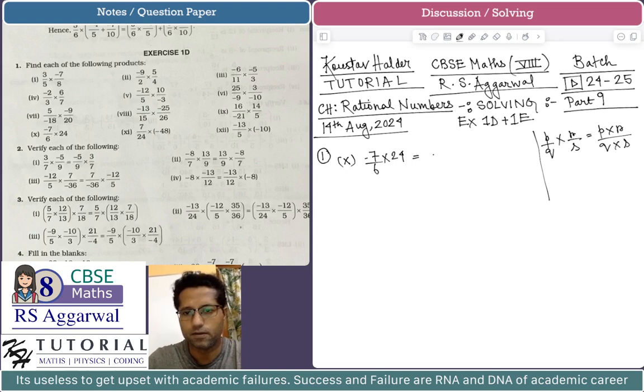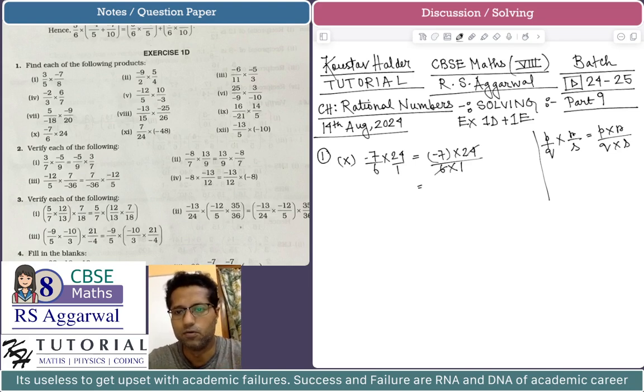So we will have minus 7 multiplied by 24 divided by 6 into 1, because 24 we can represent as a rational number as 24 by 1. Now if you divide 24 by 6 with 4, this is minus 28.